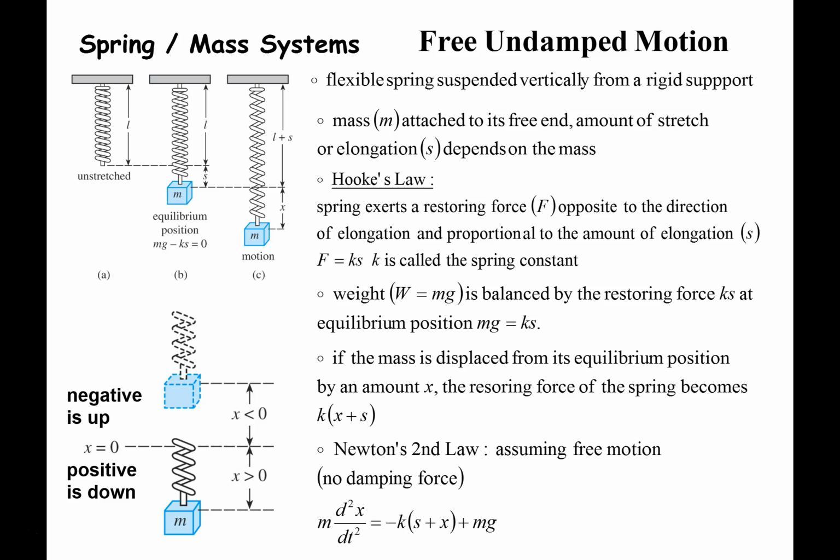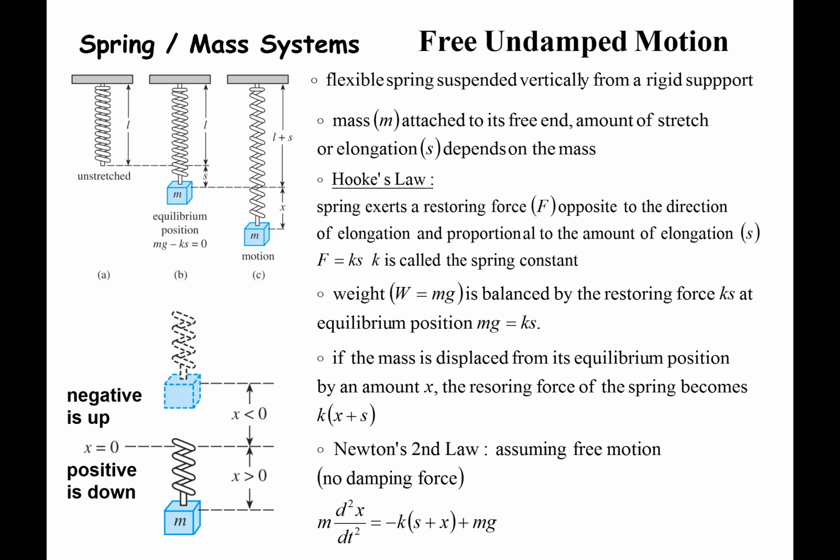Newton's second law says that, as long as you have free motion where there's nothing that's going to dampen the motion, theoretically it can continue forever. And so the mass times the acceleration should be equal to the sum of these forces, and from above we have the fact that mg is equal to kS, and so you can subtract that over.